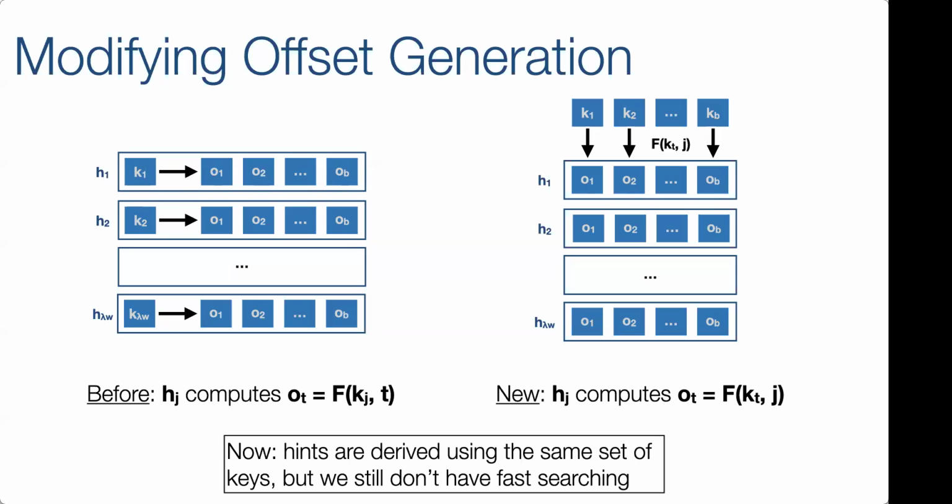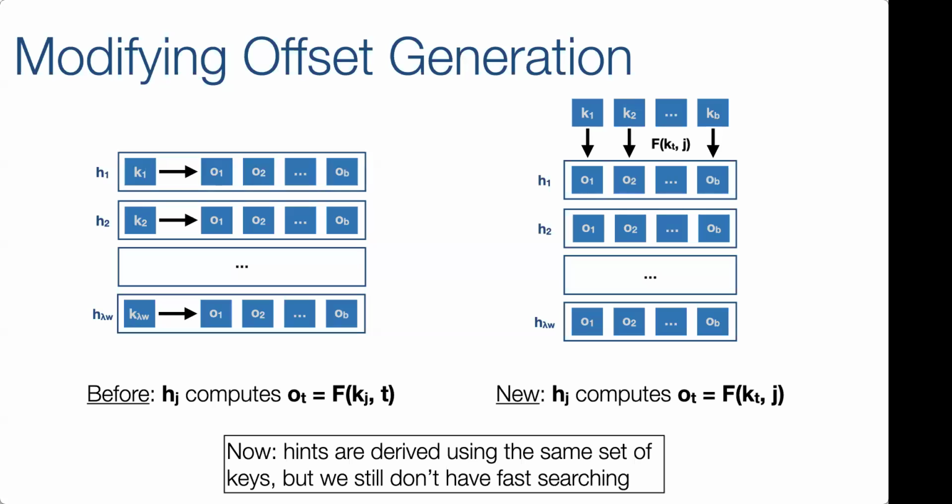Now we're going to have a key per block. So we kind of turn it on its side. A hint is going to have a specific index assigned to it. All I'm doing on the slide is flipping the T and the J. But what this amounts to is that every block has a key, and every hint has an index. So you just run F of the block key at the hint index, and that gives you the offset.